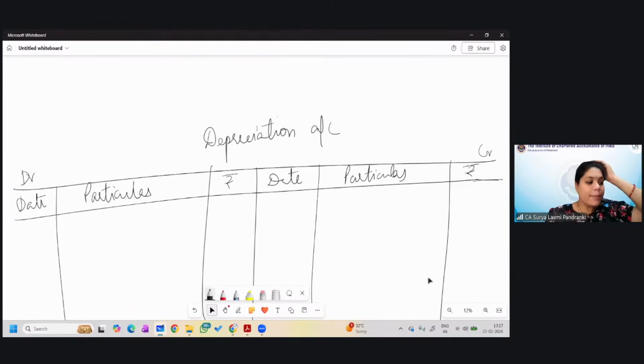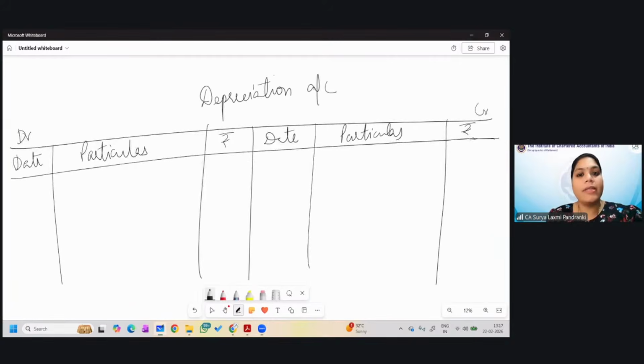So on the depreciation account, you will have it on the debit side or credit side? Debit side, okay, debit side.